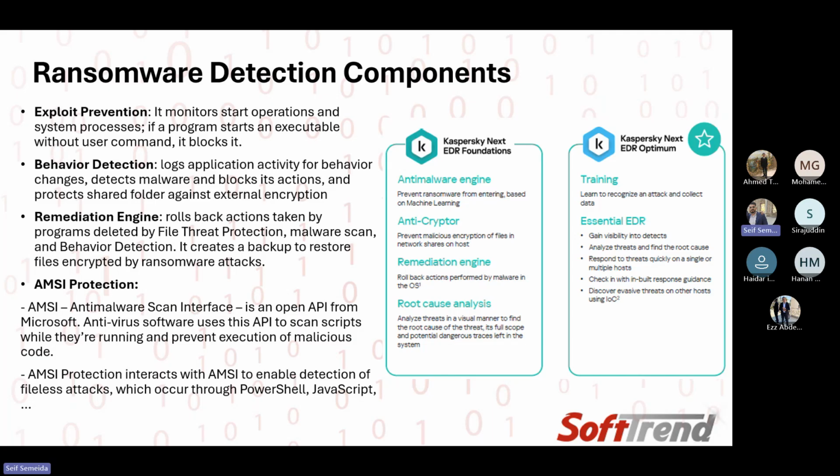We also have the remediation engine, which is a very important feature. What it does is that it rolls back the actions taken by a malicious program. So let's say you faced a ransomware attack, it rolls back the files or your data to pre-encryption in order to keep business continuity and for you to be able to access your data and carry on with your business while your cybersecurity team or your IT team handles the situation.